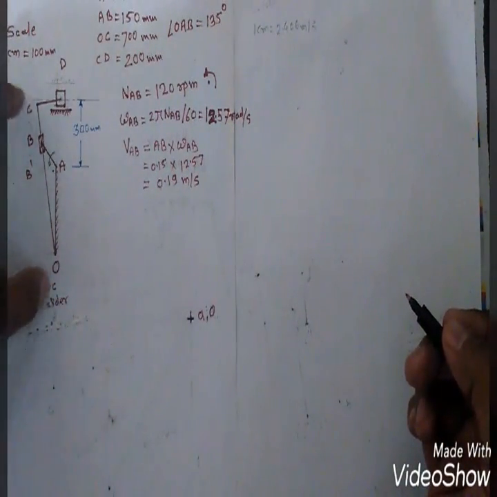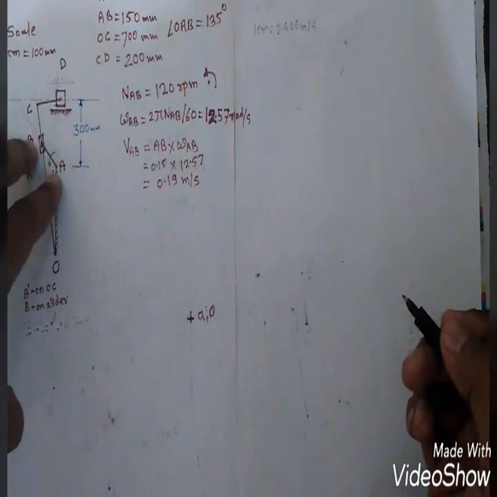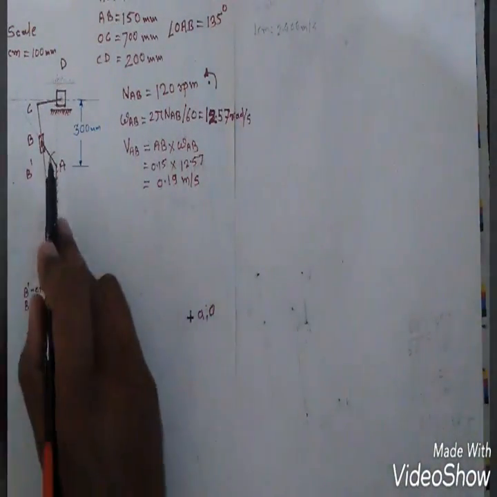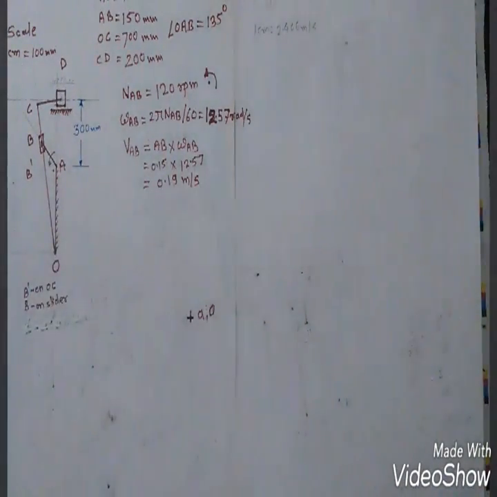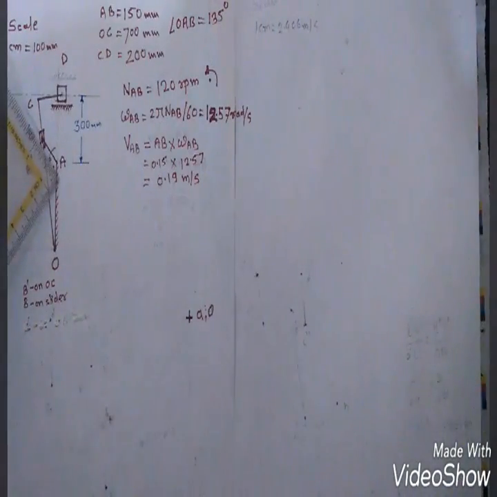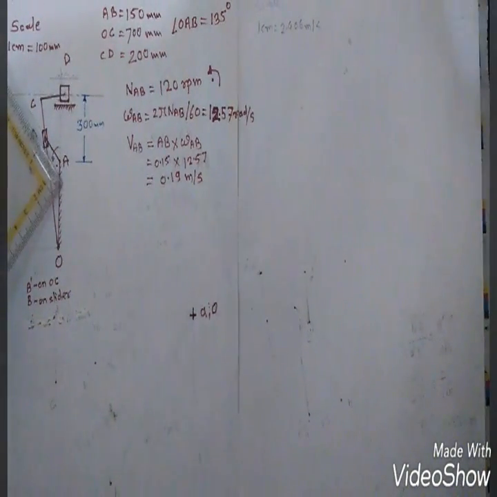Then we will start with the crank AB. Crank AB is rotating in a counterclockwise direction.